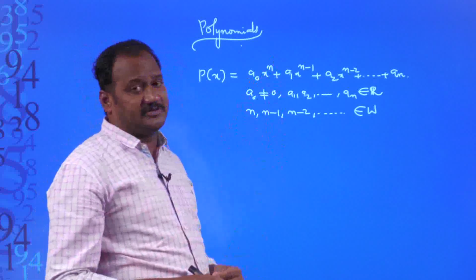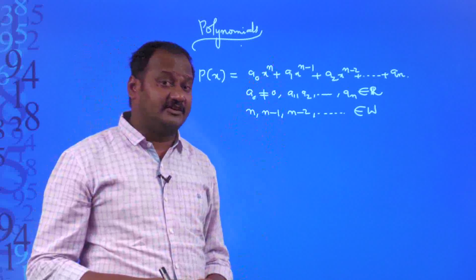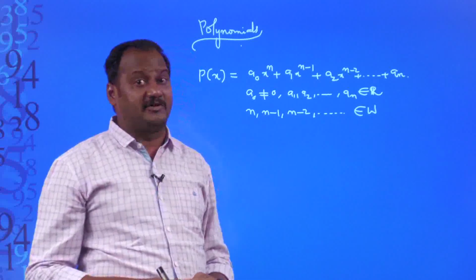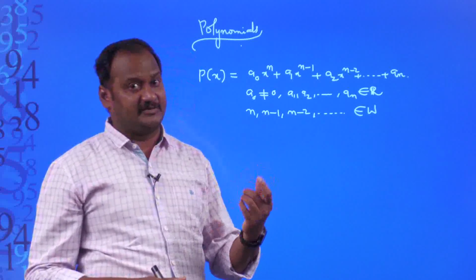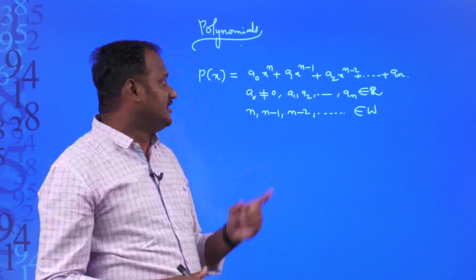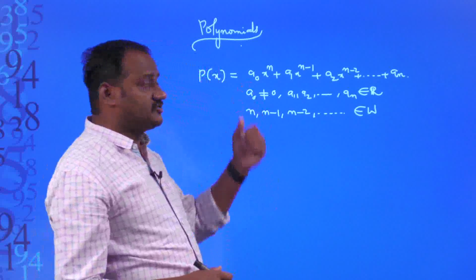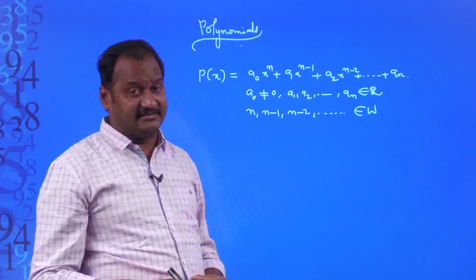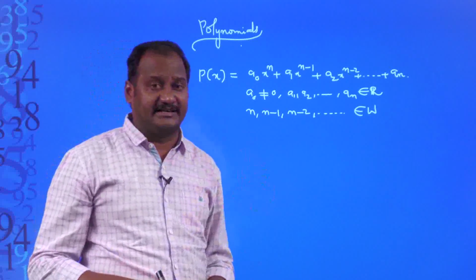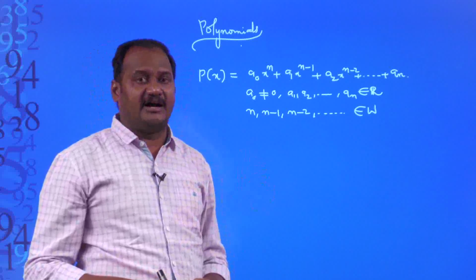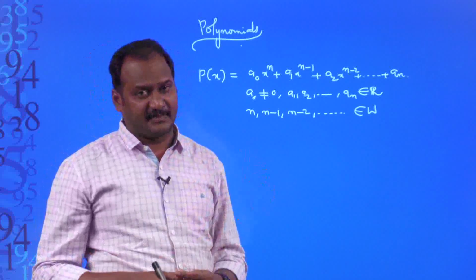If there is no x to the power of n term, then we cannot call this an nth degree polynomial. The highest power of a polynomial is said to be its degree, right? That is why the x to the power of n term should be there. Then only we can call this polynomial an nth degree polynomial or a polynomial of degree n, right.